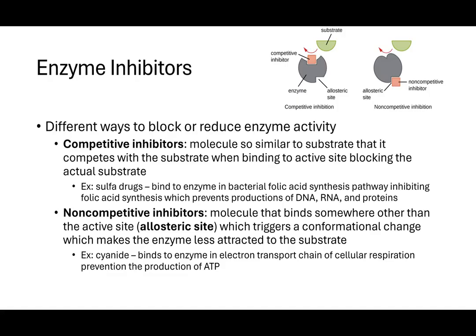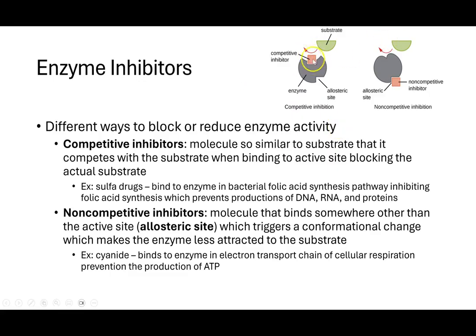And then non-competitive inhibitors, they're not blocking the active site, they bind somewhere else. This is called the allosteric site, and this triggers a conformational change, so a structural change, which makes the enzyme less attracted to the substrate. So I've got a little graphic up here from the textbook.